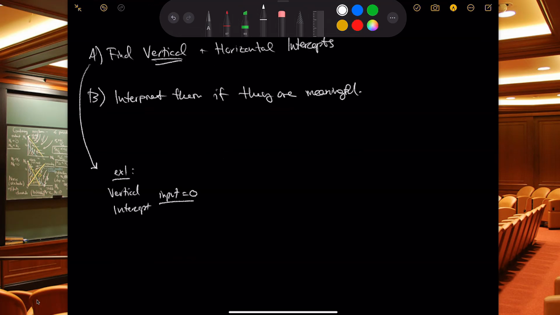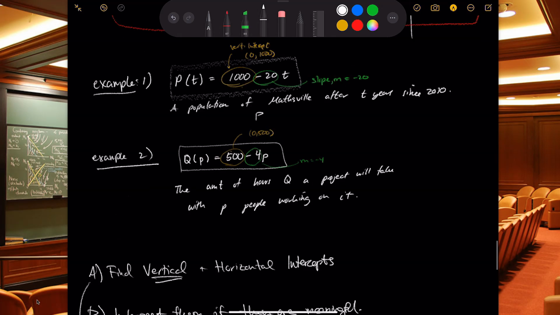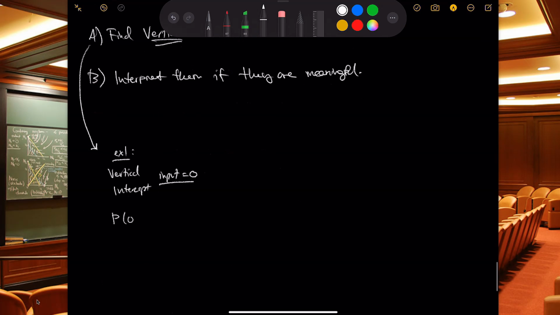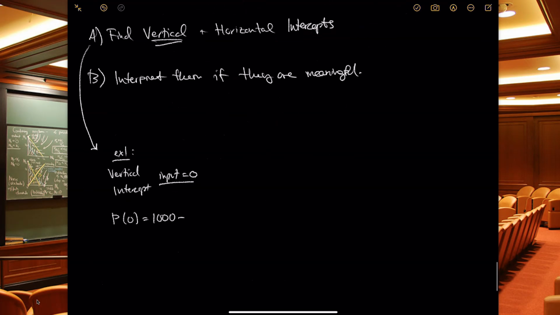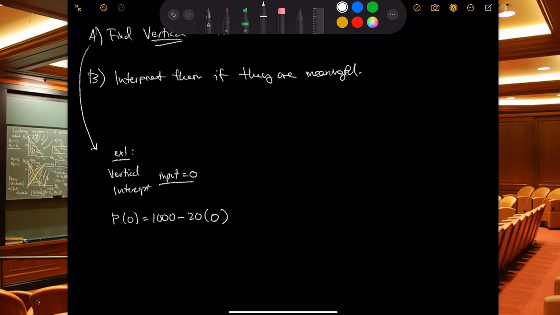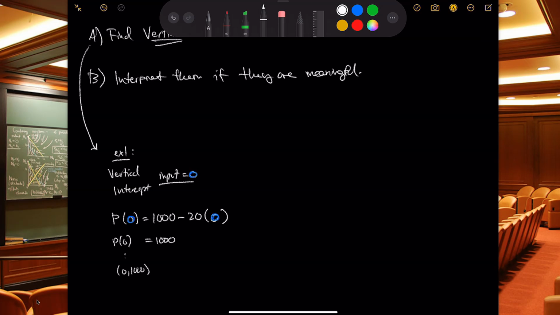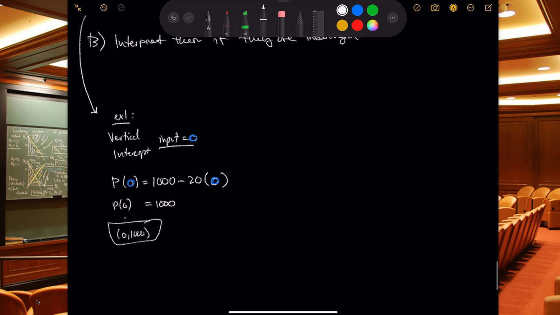So that's P of 0 equals 1000 minus 20 times 0, where 0 is my input. And so what are we left with? 1000, as we should be. So we know that 0, 1000 is the vertical intercept.